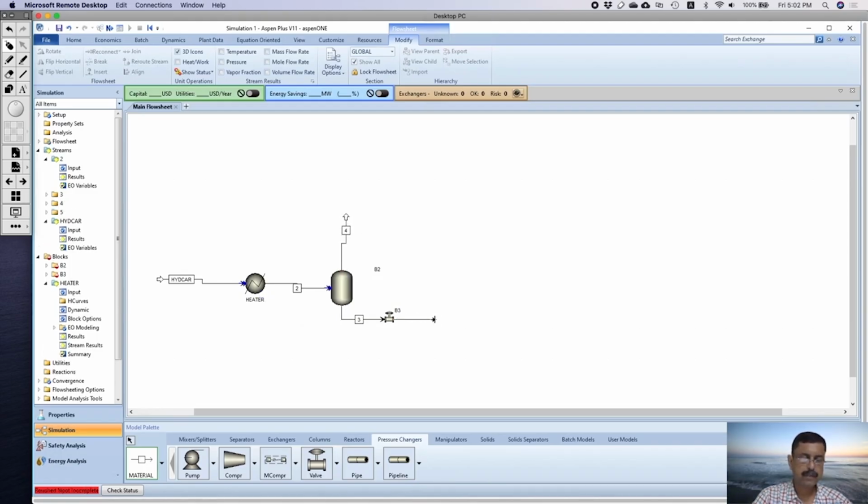Now we have to specify. Already 2 is specified as it is the heater output, but the flash and the valve we have to rename first. So this one we write as flash and we write as valve.